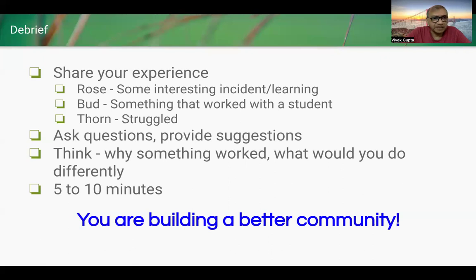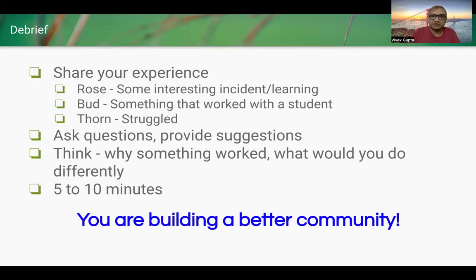So think about why something worked, and what you would do differently. The idea is not to just brainlessly come and teach and then just go. The idea is to really be present and to really feel what is working, what's not working. Observation power is really important, because the more you develop your observation power, the more effective you're going to be, not only in this class, but also in the future for yourself.